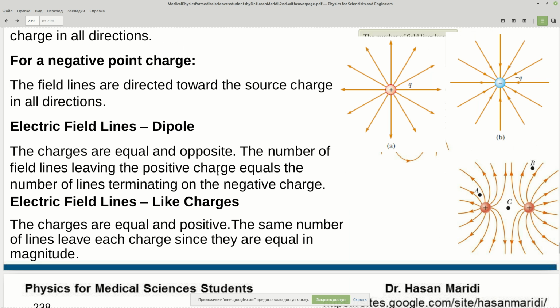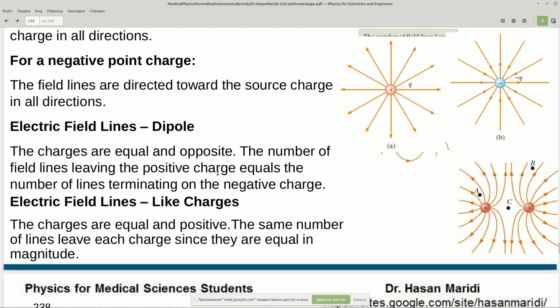The potential difference between two points A and B is simplified if the field is uniform: delta V equals minus E d, the electric field vector times the distance between the two points.